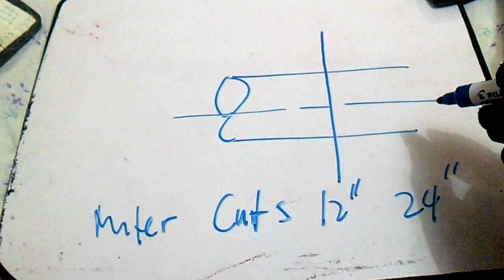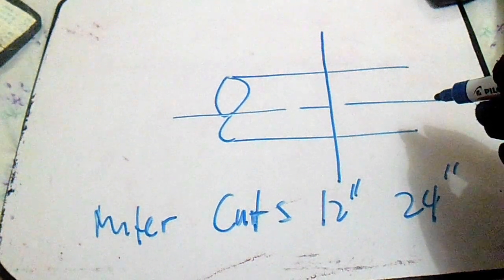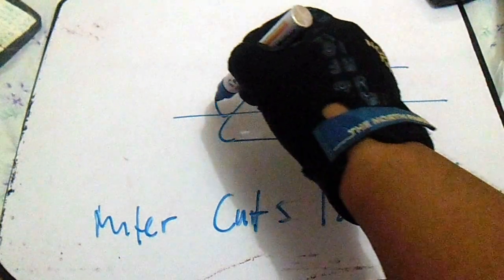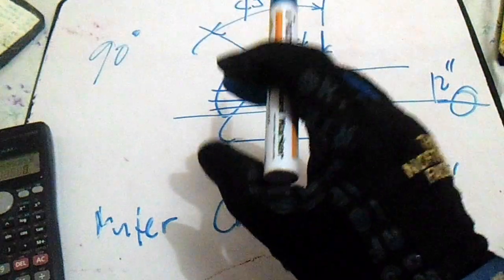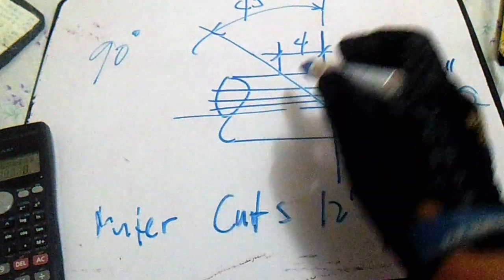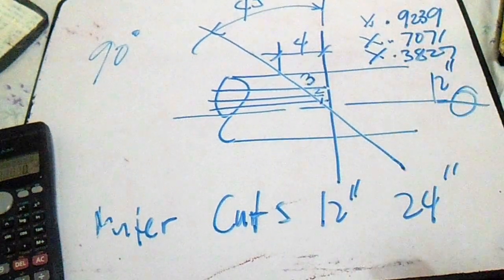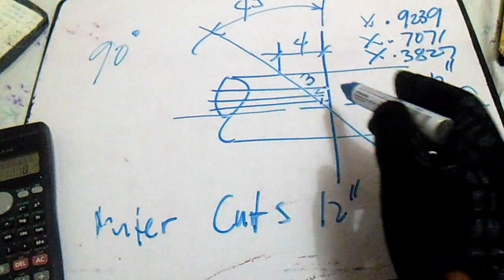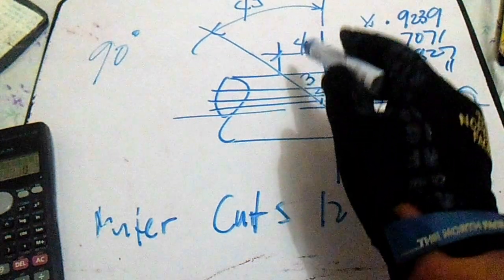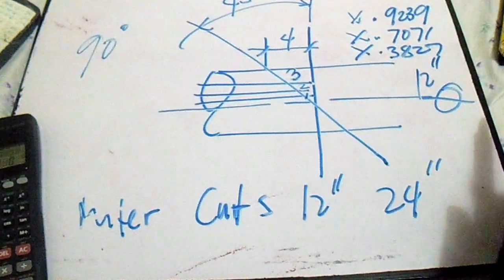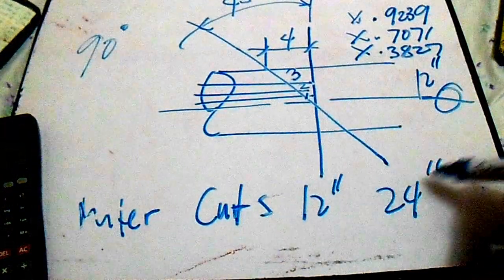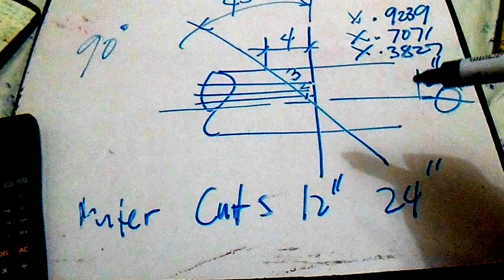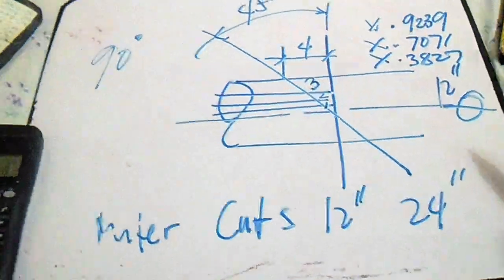We have line number 4. dimension equals tangent of cut to 7. Okay, this easy way to find this. Line number 1, 2, 3, 4. Okay, this is a miter cuts 12 inch to 24 inch. This is a mark 16th.